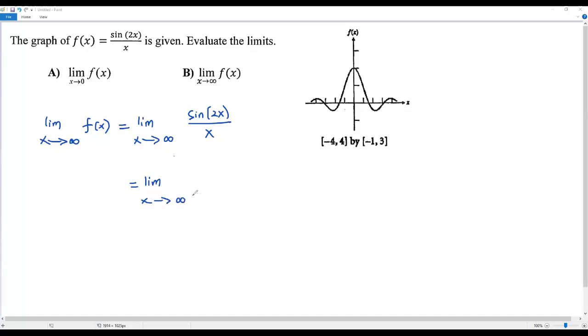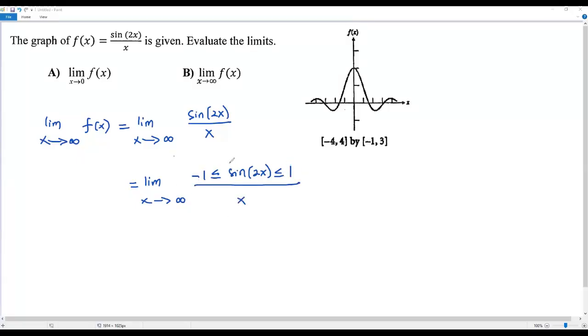The limit as x approaches infinity. Instead of writing sine of 2x, we can write -1 less than or equal to sine of 2x less than or equal to +1. So when x approaches a very large positive value, the value of sine of 2x will oscillate from -1 to +1, over x.